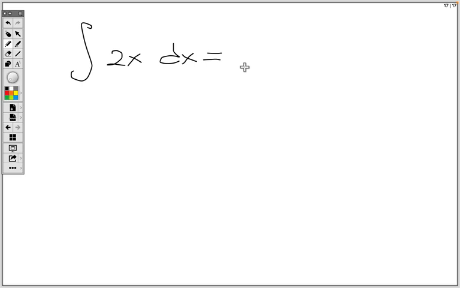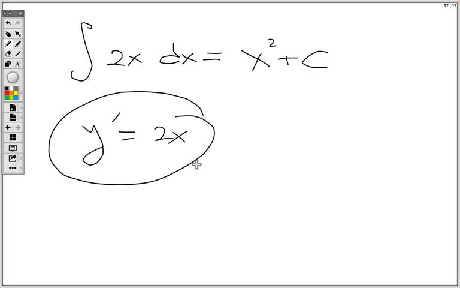But what's that work out to be? Yeah, x squared plus a constant. Now, you can think of this as solving this differential equation. You're looking for the solution to y prime equals 2x. So to undo that derivative, you would take the antiderivative. You would integrate. And so this actually showcases a lot of things we're going to be seeing throughout this semester.